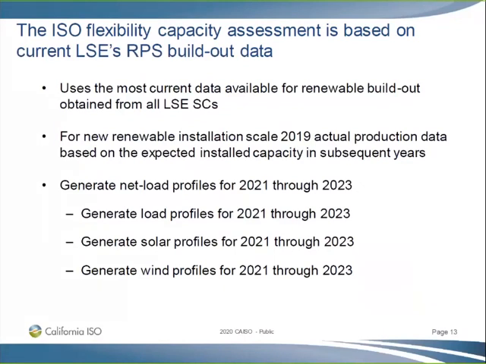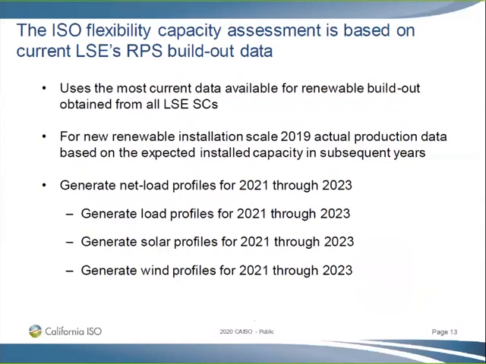To calculate the net load, you need to calculate the expected solar build-out and the expected wind build-out, and then calculate net load, which is your load minus your wind production minus your solar production, or what you expect it to be, that is. This slide 13 just shows you the net load profile for 2021 through 2023. The subsequent slides go into a little detail on how we do this.